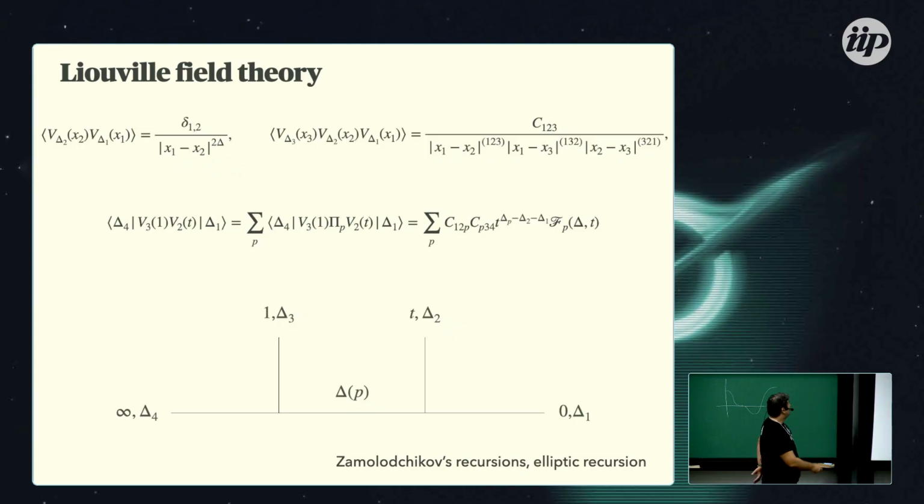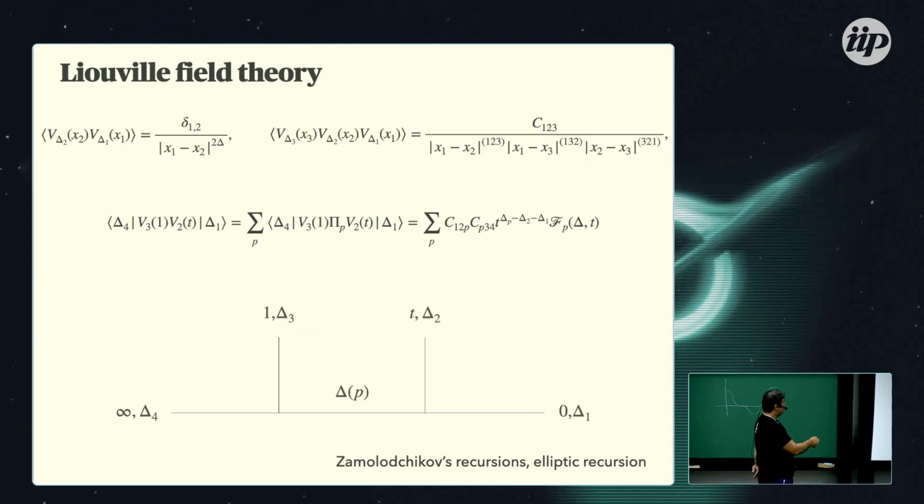I guess most people here will know that in general, you can use conformal invariance to set up 2- and 3-point functions between primary operators, and also that you can, in general, give explicit formulas for 4-point functions if you know the 3-point functions, these structure constants, and you know the underlying Virasoro algebra, by writing this function here, which is analytic, and it's called the conformal block.